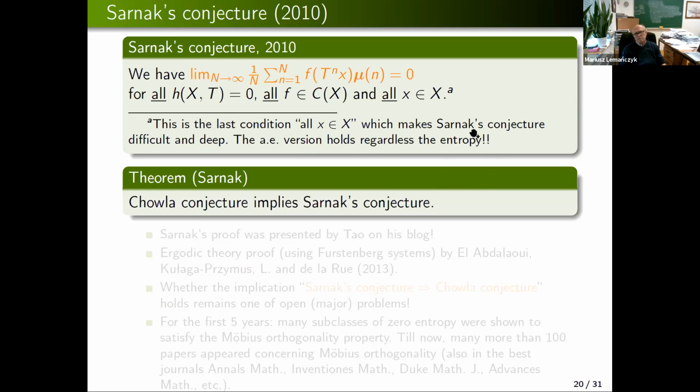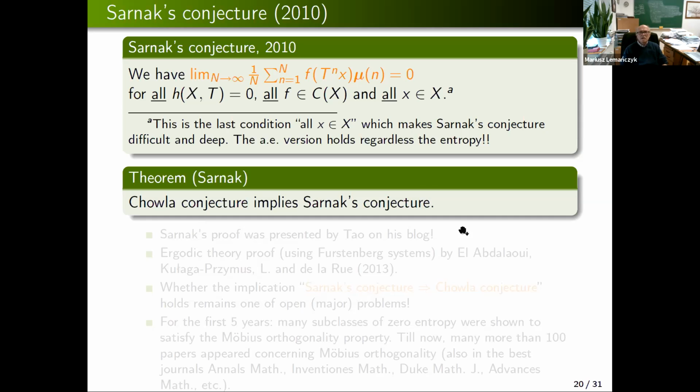But let's say that the true motivation for Sarnak's conjecture was exactly the Chowla conjecture, because Sarnak noticed that the Chowla conjecture implies Sarnak's conjecture, so he hoped that people would come back to the Chowla conjecture. The Chowla conjecture was considered a problem which maybe was at least on the level of difficulty of the Riemann hypothesis.